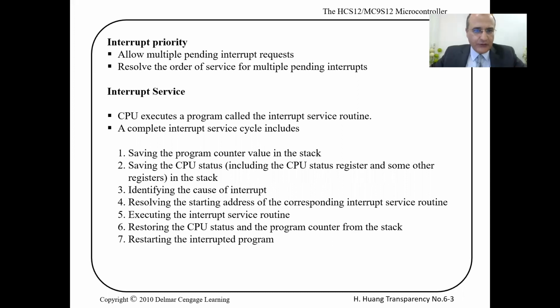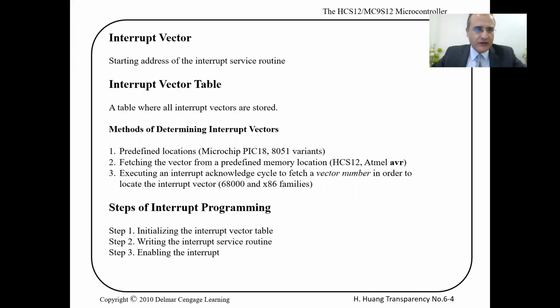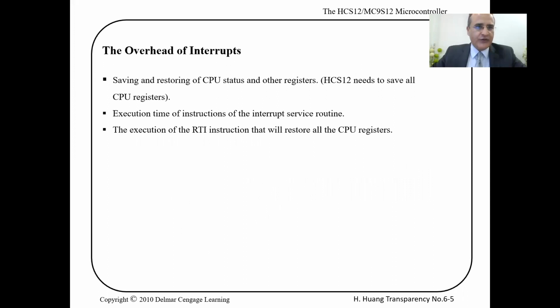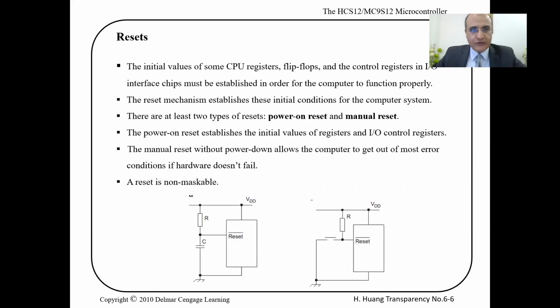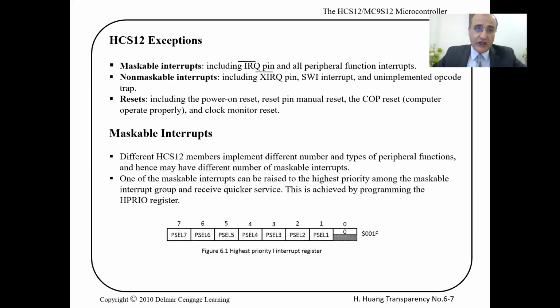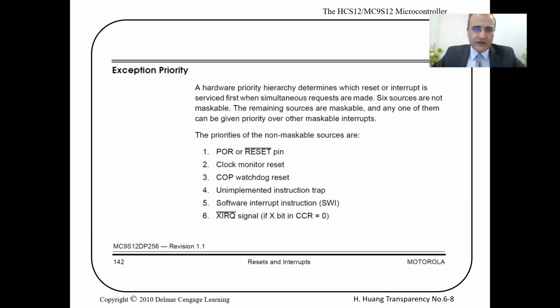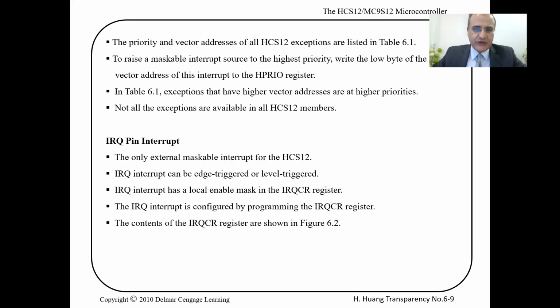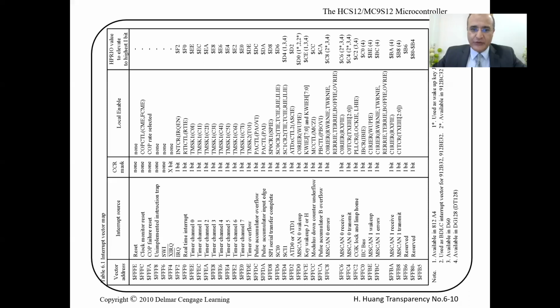So we covered what interrupts are, what the interrupt vectors are, their importance, the overhead of interrupts, what a reset is, the exceptions, maskable interrupts, non-maskable interrupts, and resets, how to control the priority of a maskable interrupt, and the priorities of exceptions in general. We covered the IRQ interrupt.